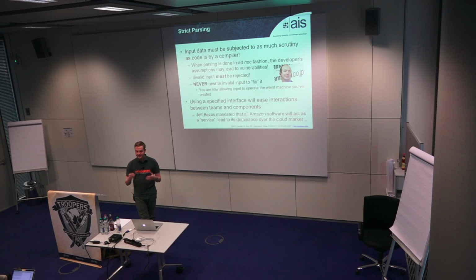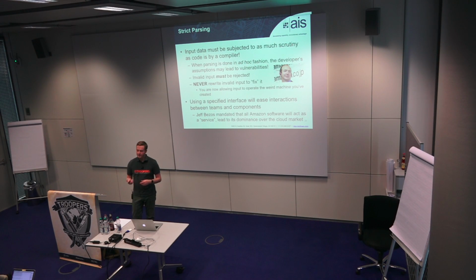Using interfaces to ease interaction between teams and components, and you can use that same thing for data as well. So not just API calls, but also data formats. The founder of Amazon mandated that all Amazon software written will act as a service, and there will be an API, and everything will be fairly decoupled.